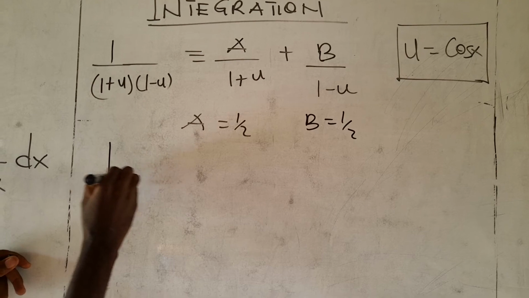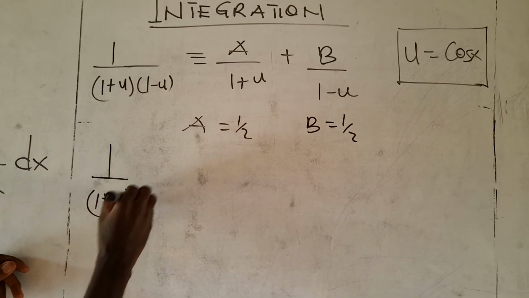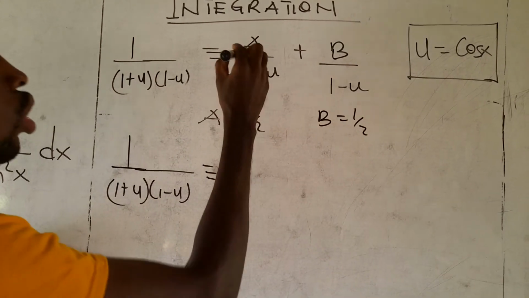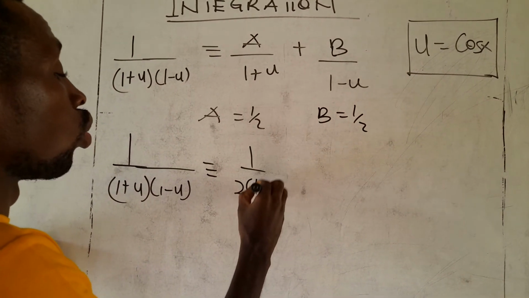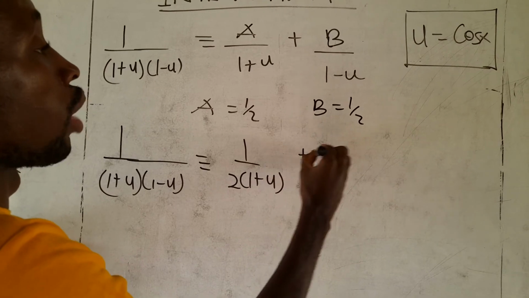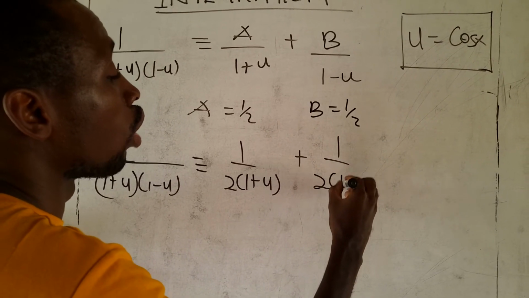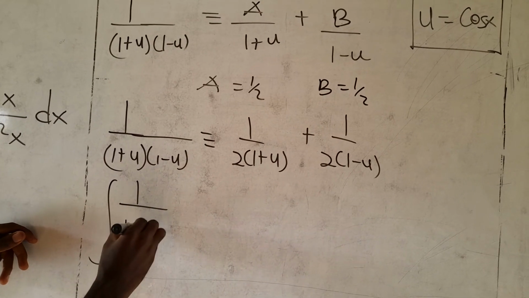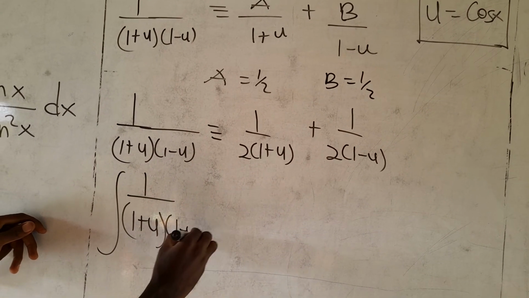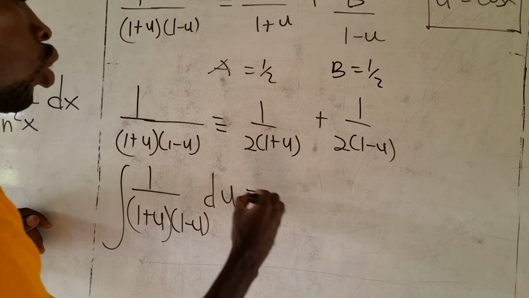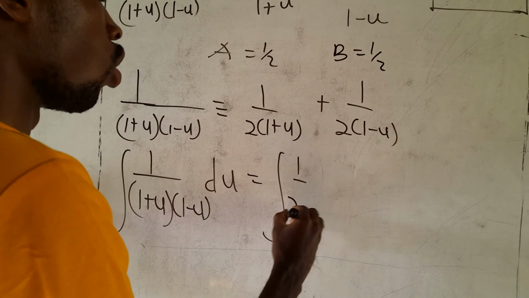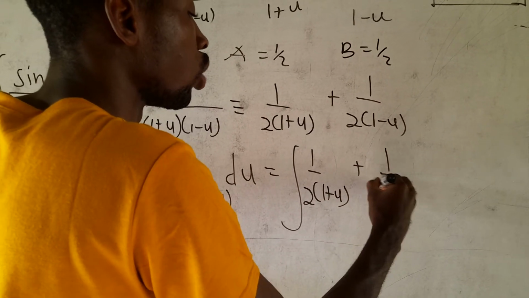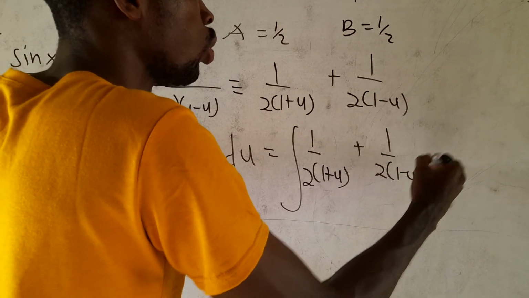So we substitute the values of A and B here. So 1 over 1 plus u, 1 minus u is actually equivalent to 1 over 2 times 1 plus u, plus 1 over 2 times 1 minus u. So we can say that the integral of 1 over 1 plus u, 1 minus u du will be equal to the integral of 1 over 2 times 1 plus u, plus 1 over 2 times 1 minus u du.